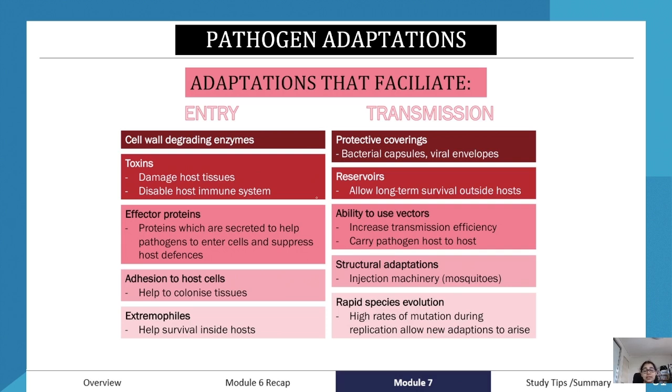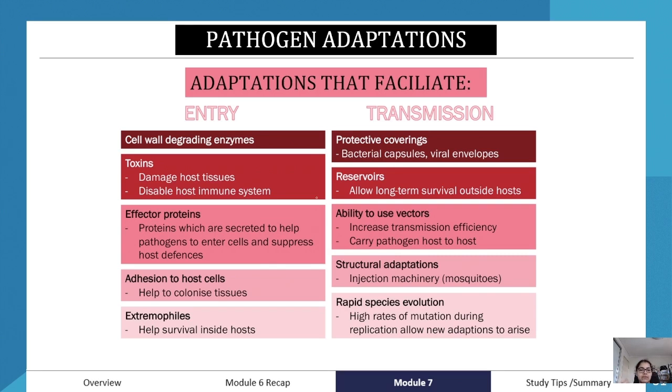So firstly, protective covering, we've got bacterial capsules and viral envelopes. Reservoirs can allow long-term survival outside of the host. So these cells are basically protecting themselves while they're waiting to get into another host cell. So like I said, they've got protective coverings.